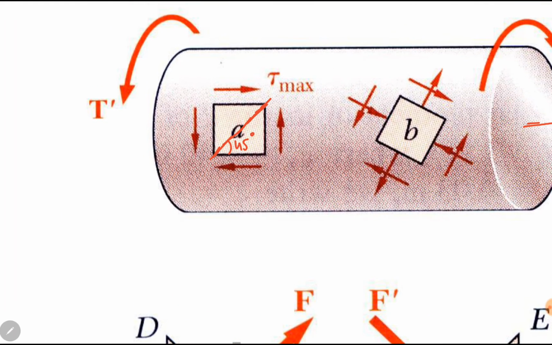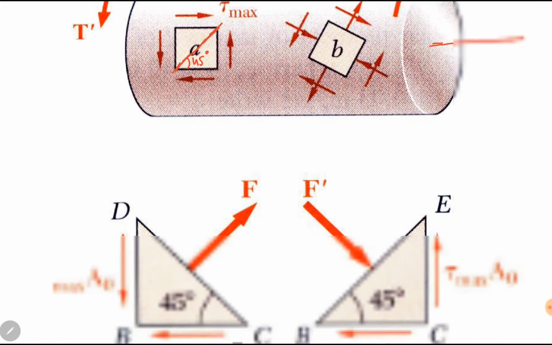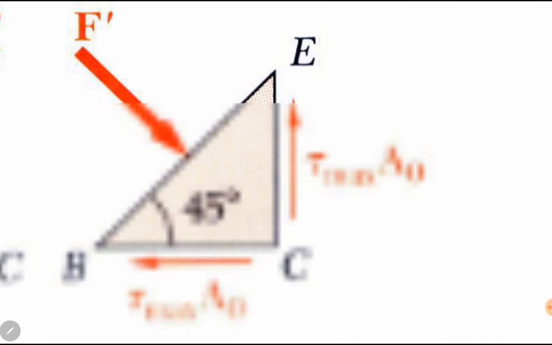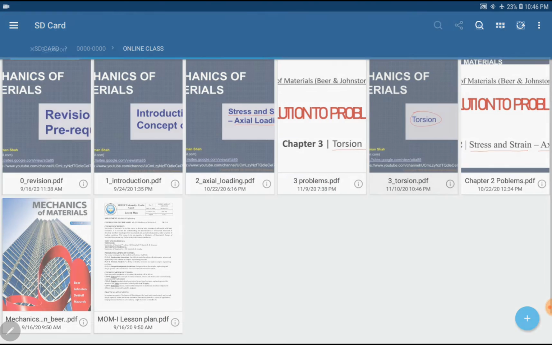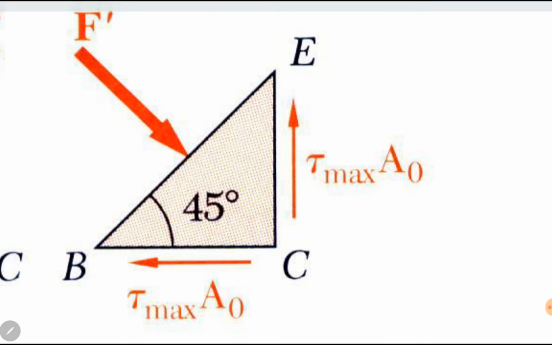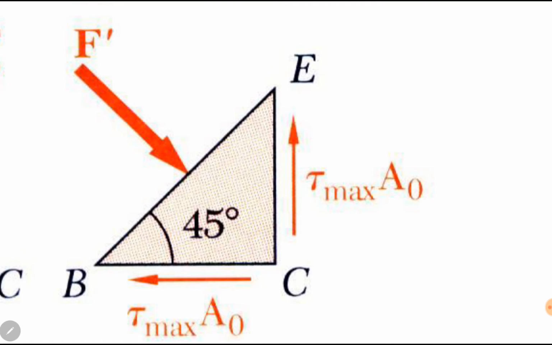If we intersect it like this or like this, it depends upon us. So if I assume this surface, the surface which we have sectioned will be under a reaction force which is perpendicular, a normal force F dash. Now in order to find F dash, we have to resolve other forces into their components.